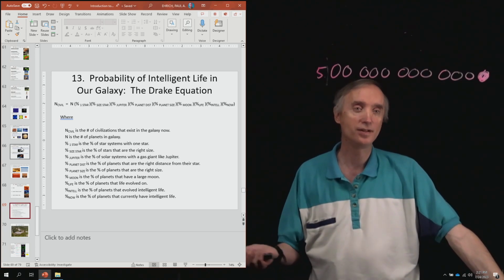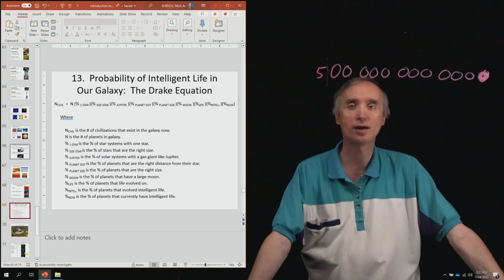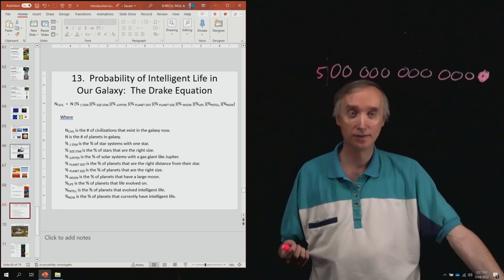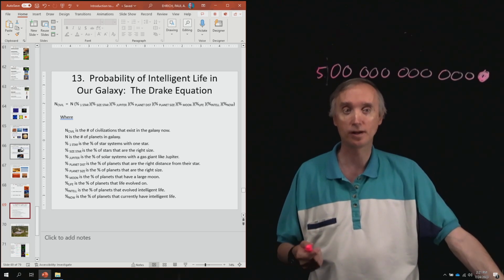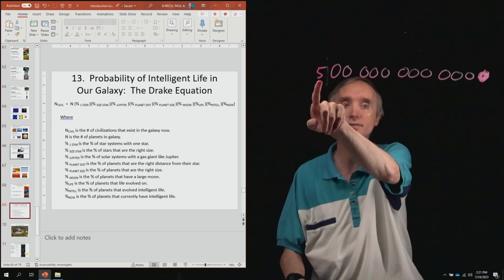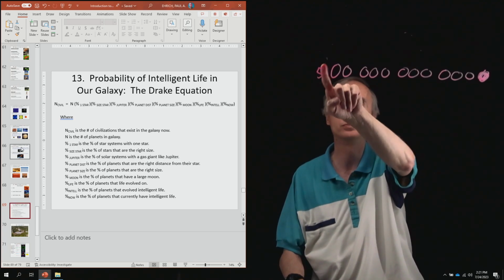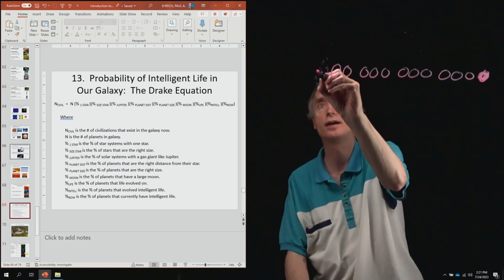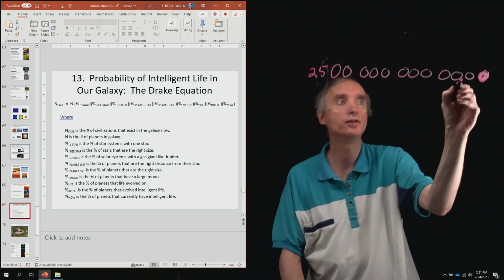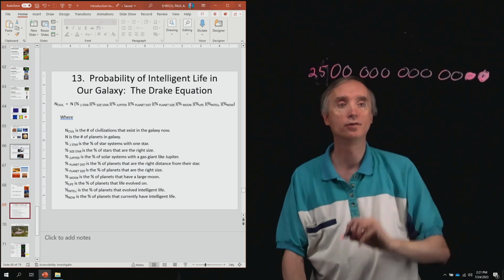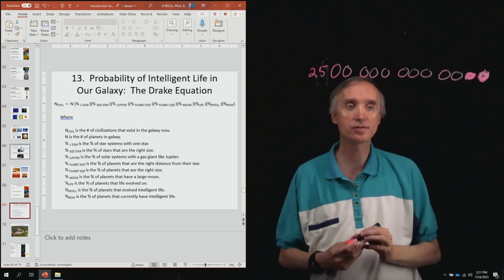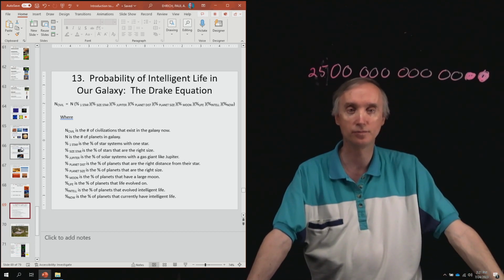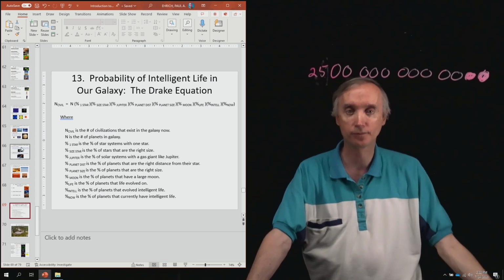So let's say, I'm just going to keep this easy again, there's a 50% chance that it's the right star. So that means I need to take this and divide it by 2. Now we're down to 25, and then get rid of another 0 over here. So now we're down to this many possible candidates that we're looking for.